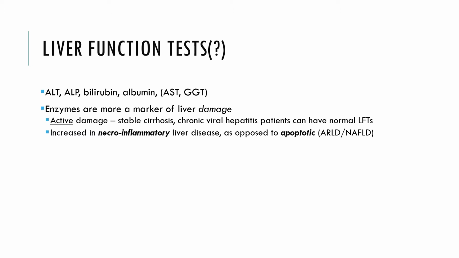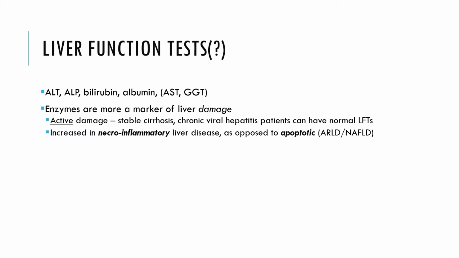So if damage has occurred in the past and the patient has a cirrhotic liver, but there is no current active process that is causing active necrosis of the hepatocytes, they can have normal liver enzymes. Also, they require a necroinflammatory disease process to be occurring.